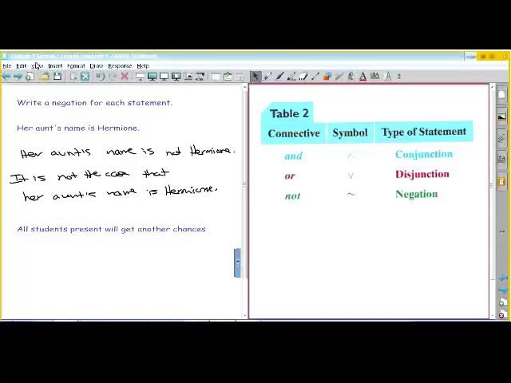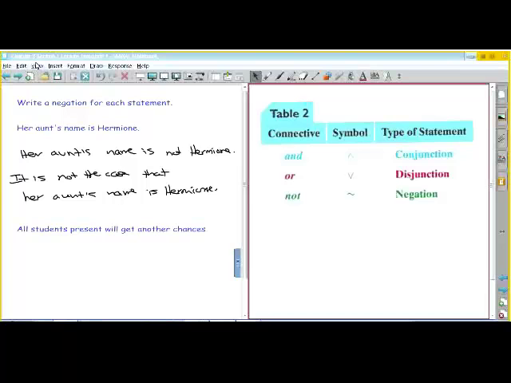Now, these connective words that we use, and, or, and not, have symbols which sort of look like the ones we use for set theory. We use the word and for intersections, the word or in a union sense, and not we used, what did we use there? It was the complement. So in set theory, it was intersection, union, and complement.